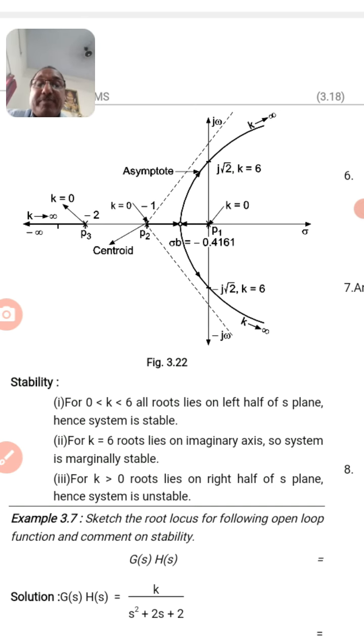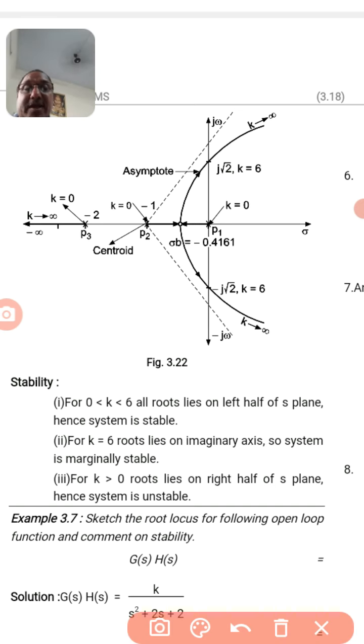The third conclusion is that for k less than 0, roots lie on the right hand side of the S plane, hence the system is unstable.